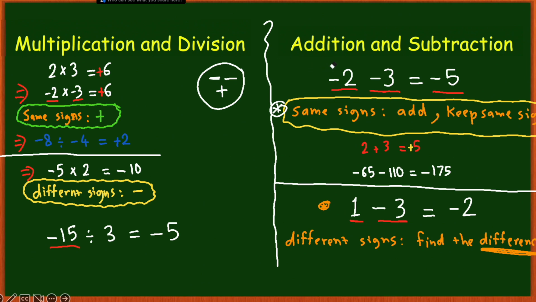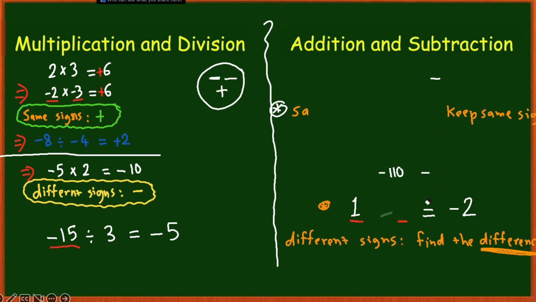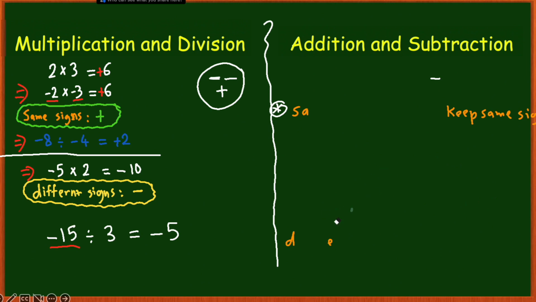Okay, let's take more examples on this part here. We'll erase everything and just have more examples on the last one. Okay, let's say that we have negative 115 plus 120.